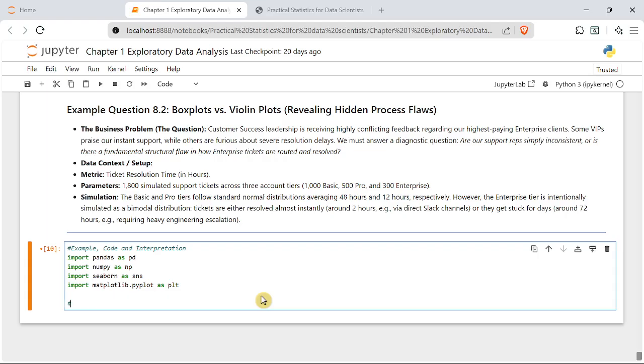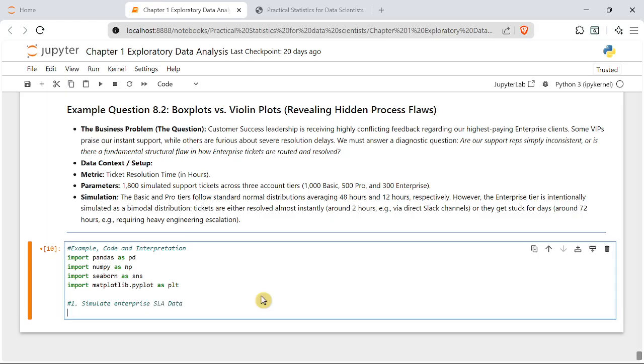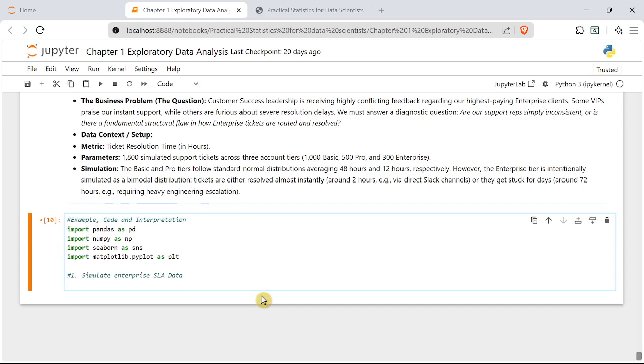So first, simulate enterprise SLA data. np.random.seed(42).